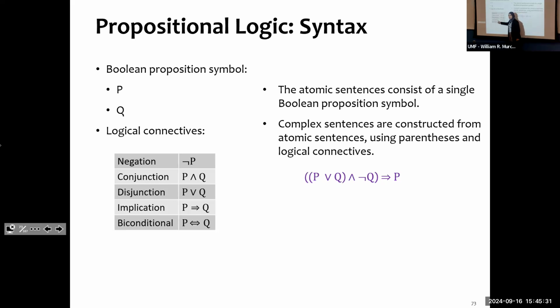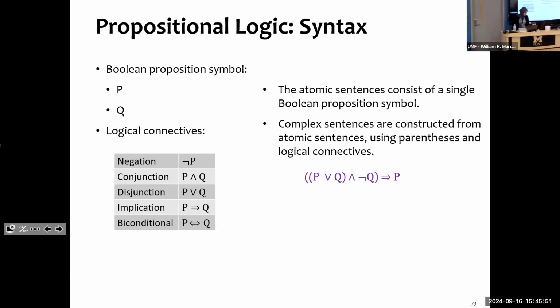Then the implication, P implies Q. It's like the reason and the result, okay? And the biconditional, which is mainly the implication in both directions. If I have P implies Q and Q implies P, so it's bi-directional.